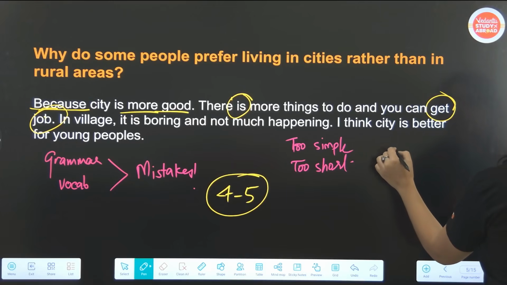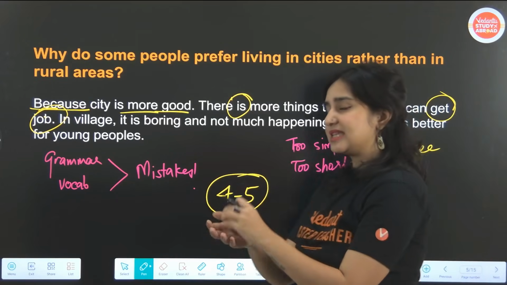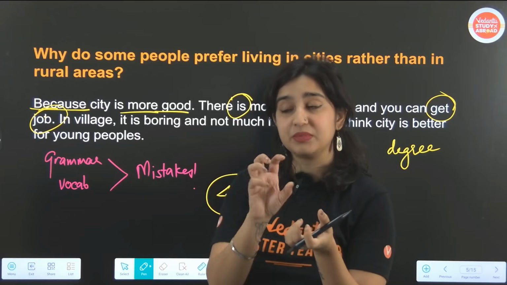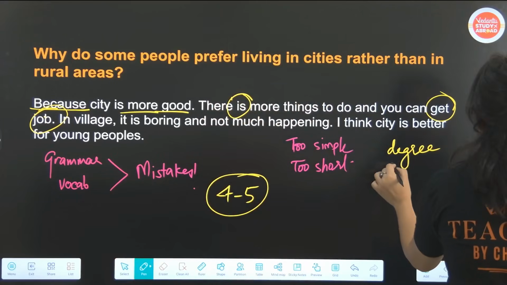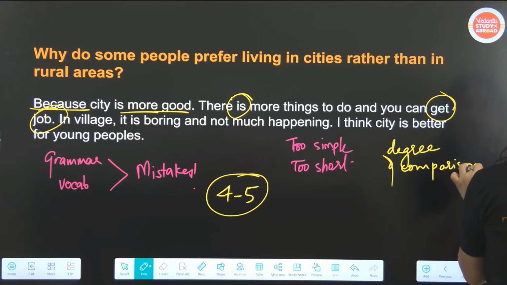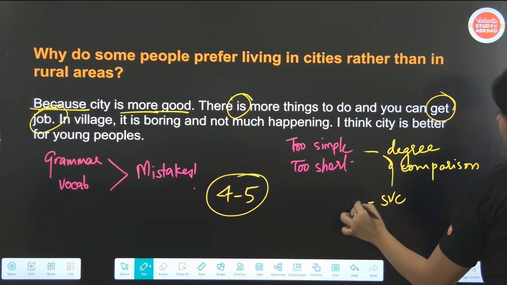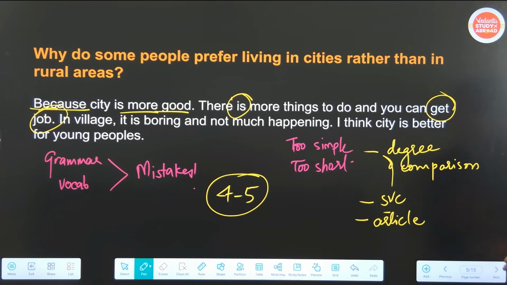Again, your degree of comparison of adjectives: we randomly say "more" something without actually giving the second thing that we're comparing it with. So degree of comparison errors, so many SVC errors, and article errors, right? So lack of articles mostly, that's the problem.